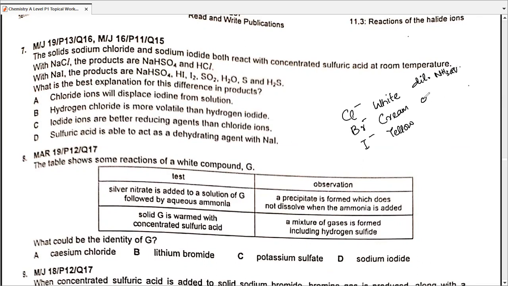And bromide would dissolve in concentrated NH3 aqueous, with sometimes some books say warming, some books don't say warming. Well, whatever the MCQ is, you can go accordingly. And this won't dissolve. Now, this makes it dissolve. But whether you use dilute or you use concentrated, whether you heat it up or you don't, it does not dissolve.